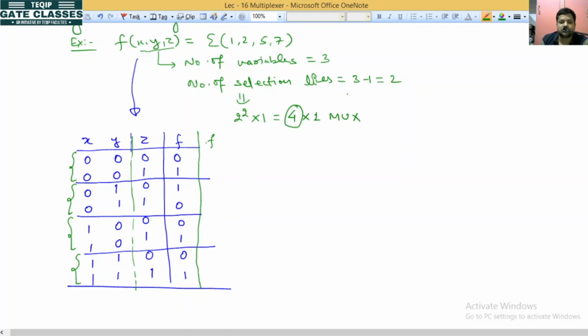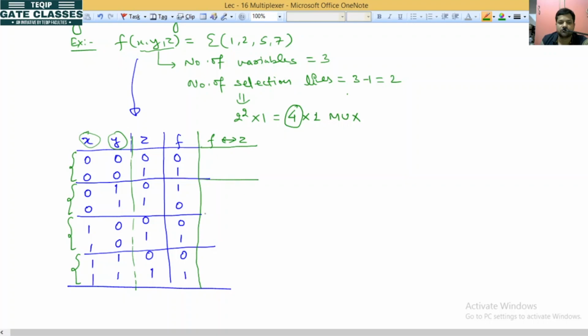We are putting that one variable on the input lines and the remaining two variables on the selection lines. In this way we can implement this F with the help of a 4 cross 1 mux.